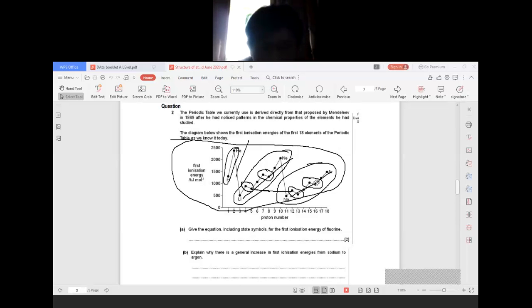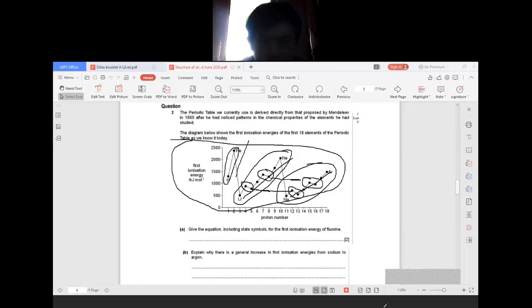This is 4, 5. Again, this exception is between group 5 and group 6. Group 5 to group 6, there is an exception. Group 2 to group 3, there is an exception. The exception will be asked in this question.